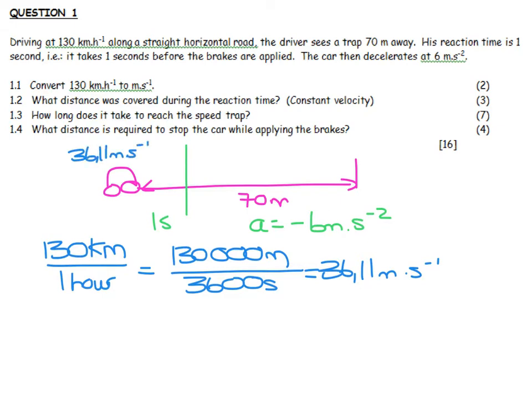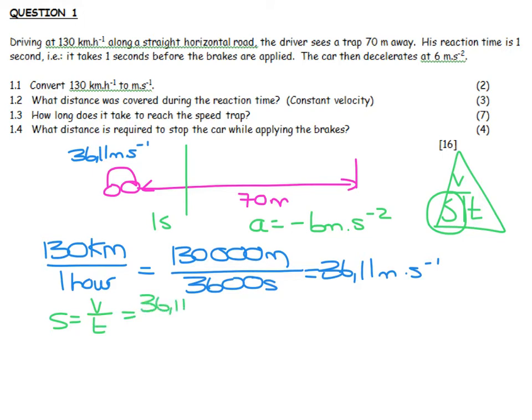What distance is covered just during the reaction time? Now, when we've got constant velocity, we are allowed to use the triangle that says displacement is equal to velocity times time. So if I'm looking for the distance traveled, distance is equal to velocity times time. I've got a velocity of 36,11, and I know that that happened for 1 second.